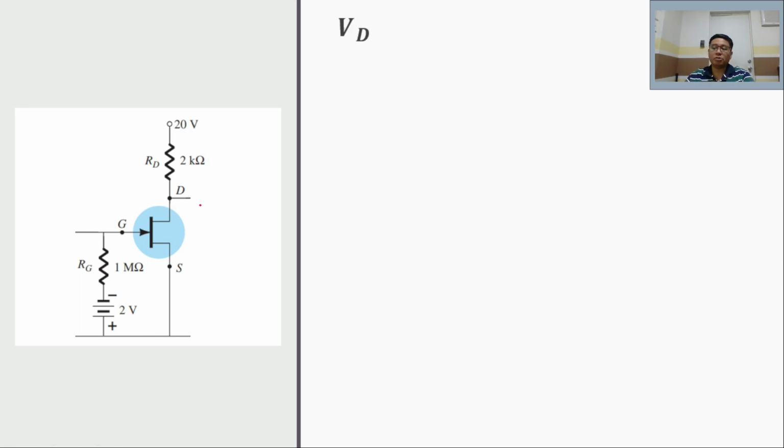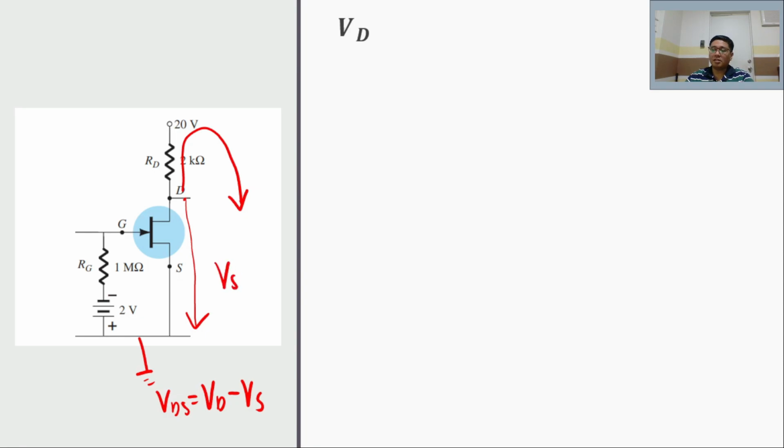We can actually use 3 equations from this point to the ground, and we can use the equation VDS equals VD minus VS. Since the source is directly connected to the ground, VS is equal to 0. Therefore, VDS is equal to VD. Since VDS is equal to VD, that is equal to 8 volts.